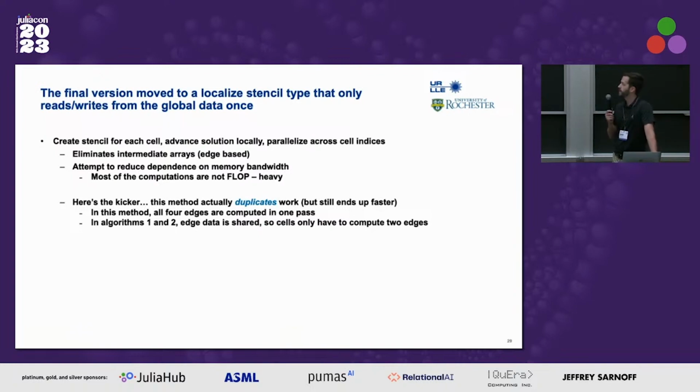But here's the kicker. This method actually duplicates work, but it ends up being faster because in this method, all 4 edges are computed in one pass. In algorithms 1 and 2, edge data is shared, so cells only have to compute 2 edges.